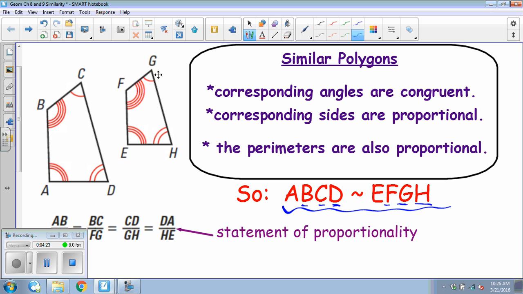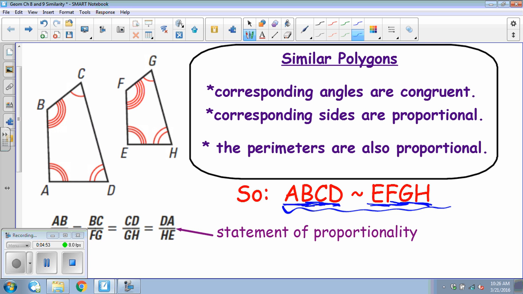We can also figure out which sides are corresponding sides. For example, AB corresponds with EF. BC corresponds with FG. Do you see that? We're looking at the order that these are written in, and that tells you which sides correspond with what. CD corresponds with GH. That's the last 2 letters corresponding to the last 2 letters.